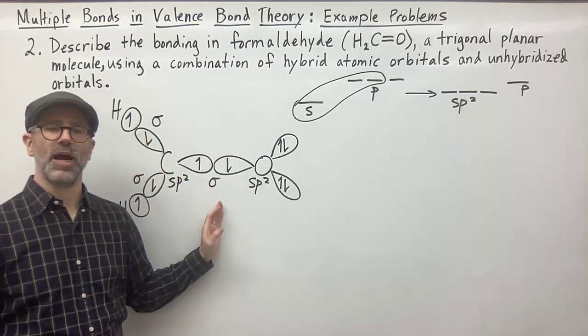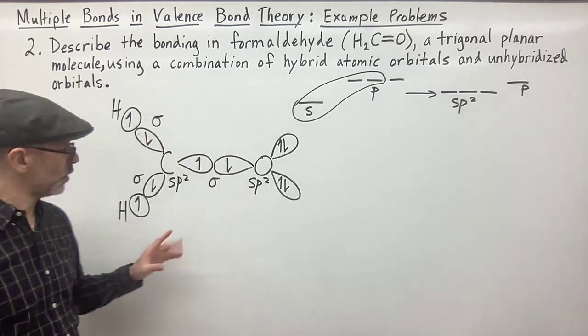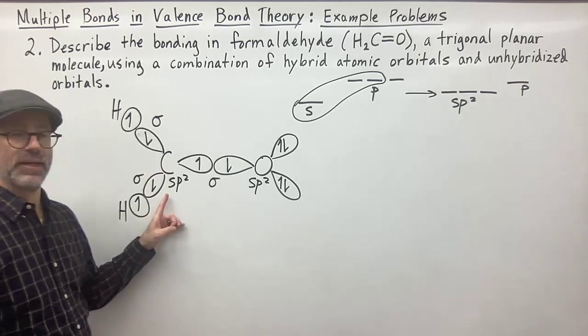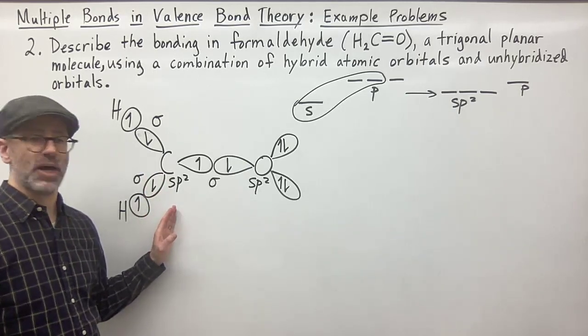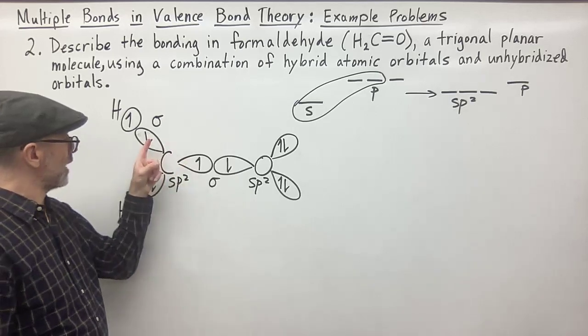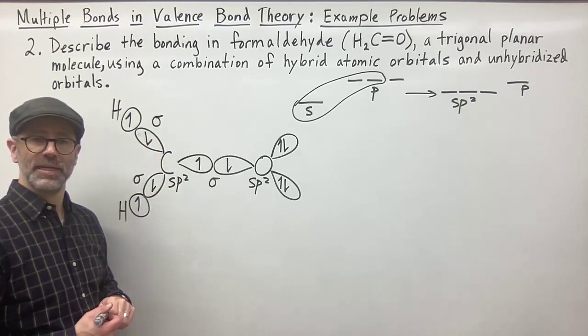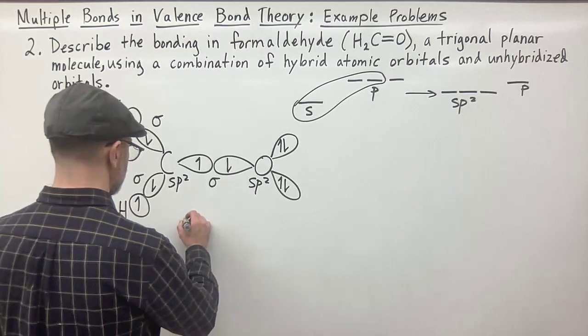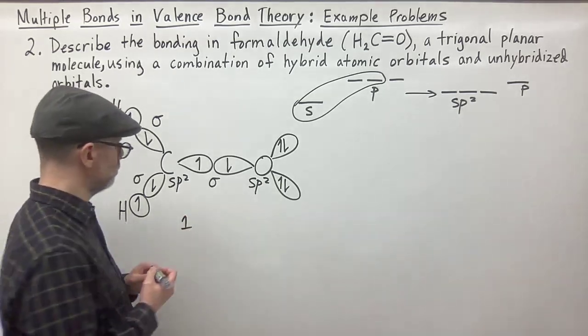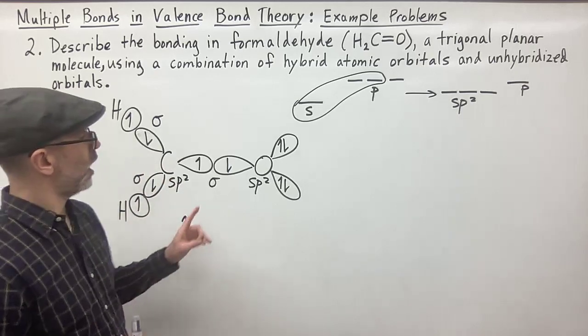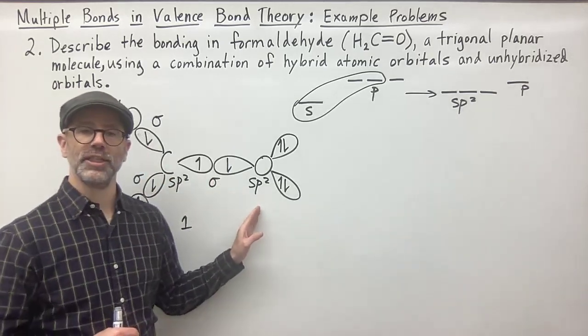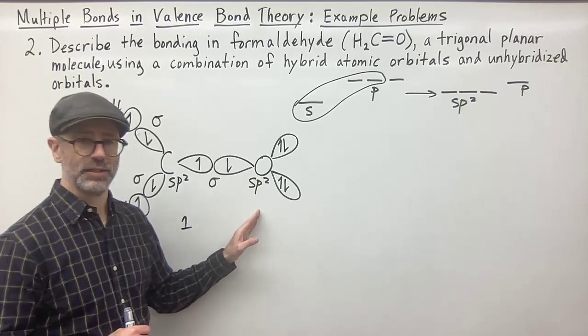Now we need to figure out, how many electrons do we have left over? For carbon, remember again, carbon has 4 valence electrons. We used 1, 2, and 3. So that means we have 1 valence electron left over for the carbon. For oxygen, oxygen has 6 valence electrons.